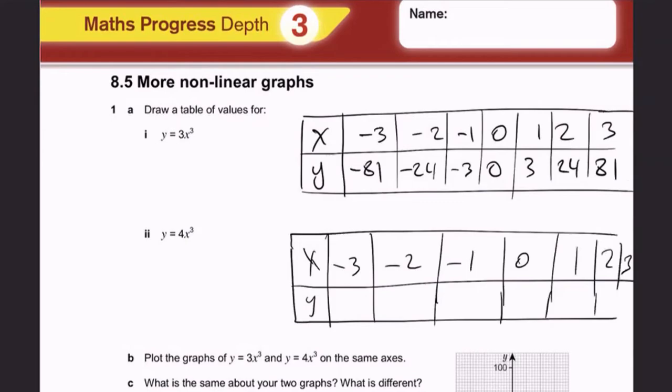So 4 times negative 3 cubed is negative 108. 4 times negative 2 cubed is negative 32. 4 times negative 1 cubed is negative 4. 0 gives 0. 1 times 4 is 4. 2 cubed is 8 times 4 is 32. 3 cubed is 27 times 4 is 108.